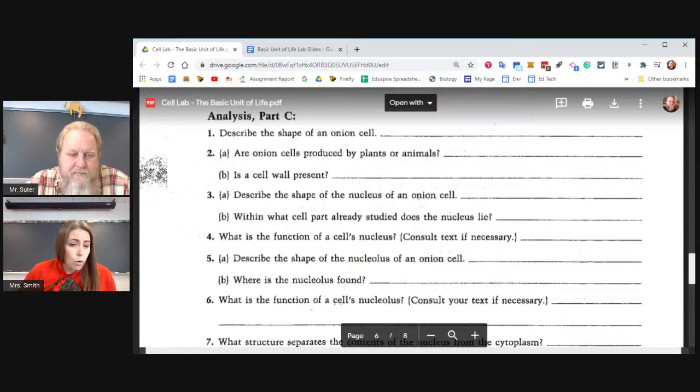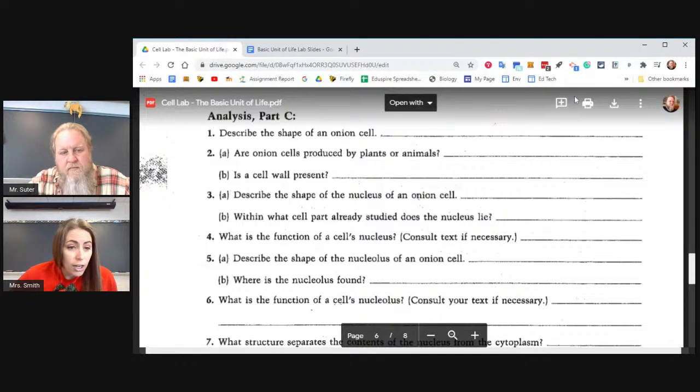The nucleus controls all of the reactions in the cell, and it also holds the genetic information. Again, it says consult the text, but we explained all of that in the live streams the last couple of days. Describe the shape of the nucleolus of an onion cell and where is that found. That was that little dark spot in the center of the nucleus.